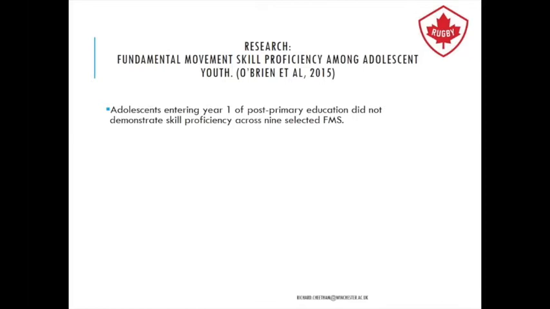Something was lost. And of course, when you get to that post-primary age and you go into, in the UK we call it secondary education, 11 years old onwards, what chance is there to catch up on that? What chance do you get to then revisit those skills and get better at them?